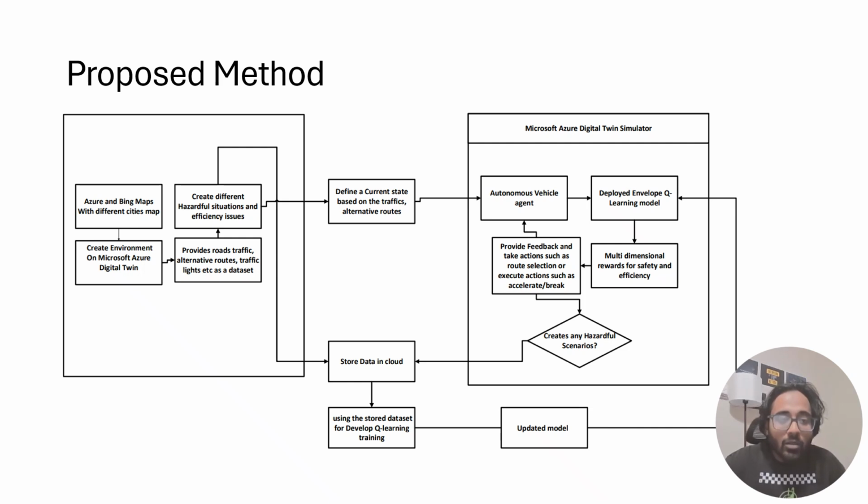So here is our proposed method. We will use Azure and Bing Maps with different city maps, which will create a virtual environment on Microsoft Azure Digital Twin, which will provide road traffic, alternative routes, traffic lights, etc. as parameters.